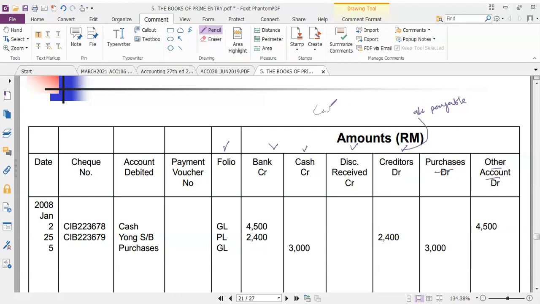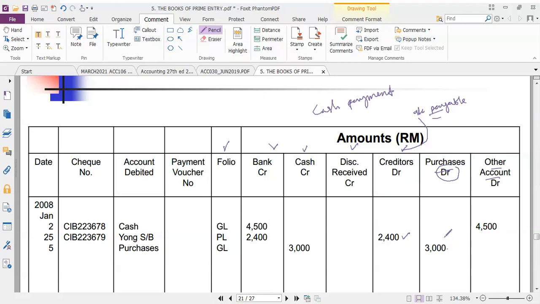Ni adalah cash payment. Okay, cash payment means that owner ni akan bayar kepada account payable. Okay, ada tak kita ada bayar ke account payable? Ada, nampak? So, dekat bahagian kolom creditors lah. Okay, contoh ada tak lagi kita beli secara cash? Ada purchases. Okay, debit purchases. Nampak ni debit.